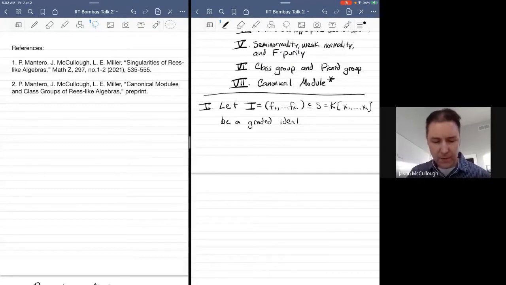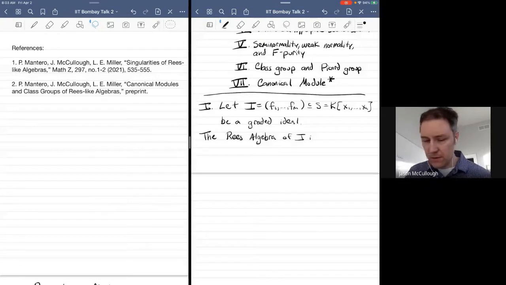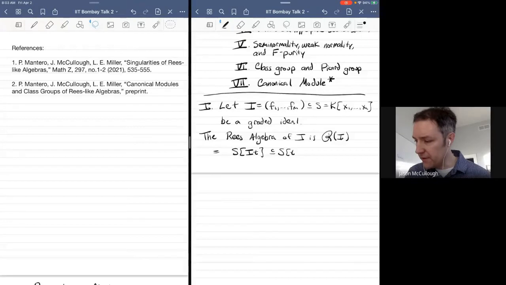Then, before I talk about Rees-like algebras, let me say just a tiny amount about the Rees algebra. The Rees algebra of I, I'll denote it as a script R of I. You can also denote it as S adjoin It, where t is a new variable, and you think of this as living in some polynomial extension of your original polynomial ring.